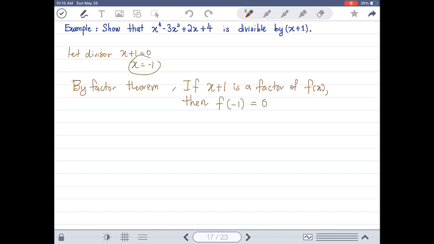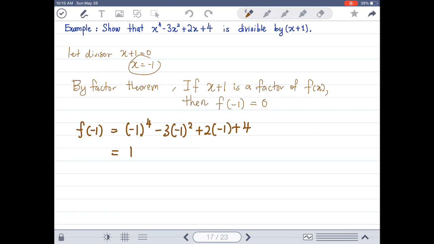So we check the value of f of negative 1. So f of negative 1 is just equal to negative 1 to the power of 4 minus 3 times negative 1 to the power of 2 plus 2 times negative 1 plus 4.